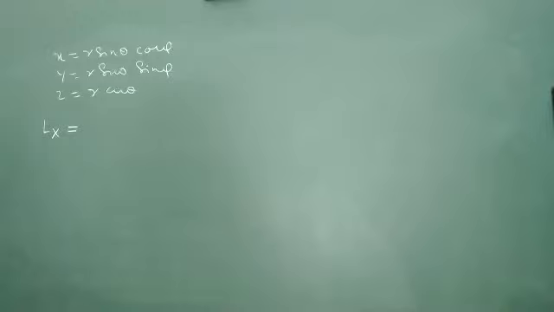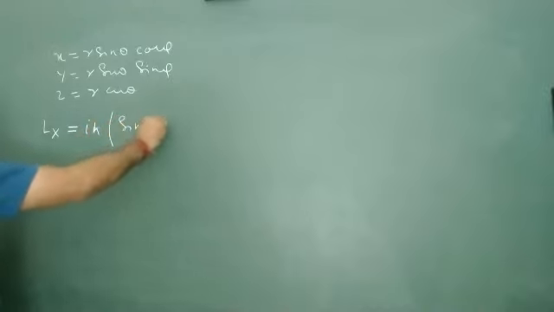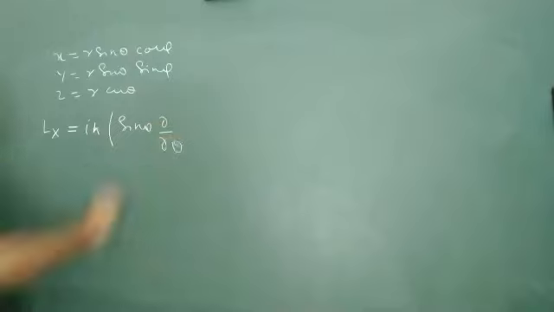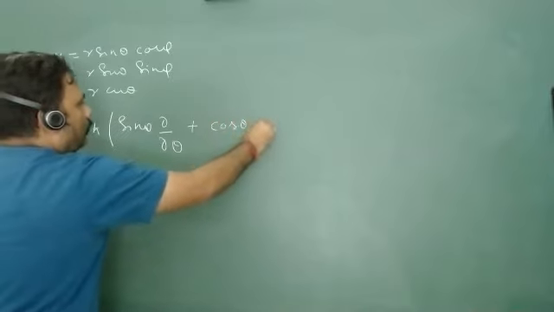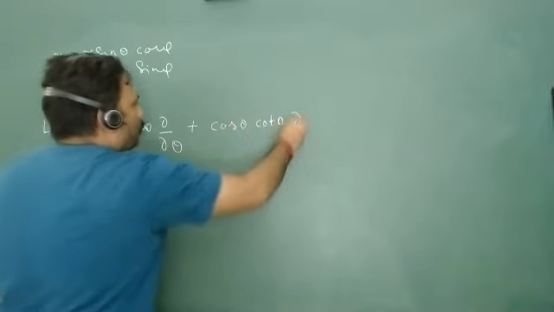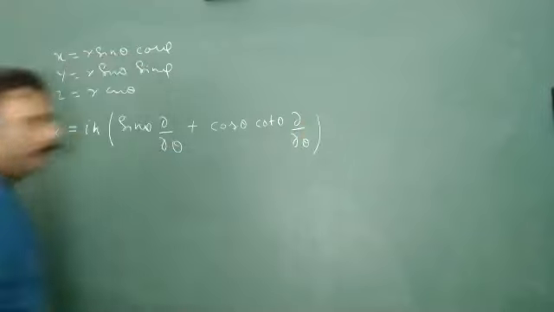So Lx is equal to i h cut, and this will be sine phi del upon del theta plus cos phi cot theta del upon del phi. I think I am correct.